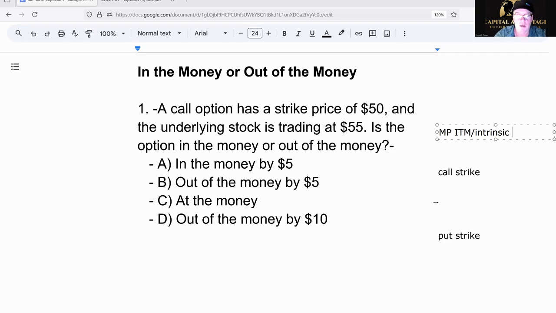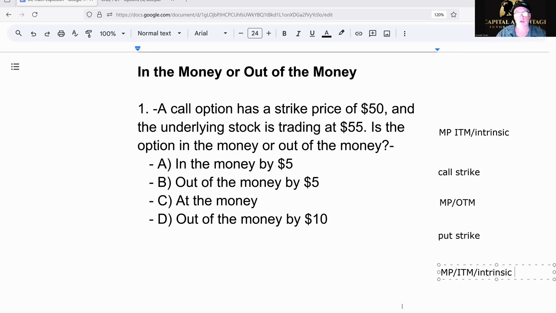If the market price is here, it's out of the money. Let's put a little slash here. Then down here, I'll show you what I mean by market price is in the money. We have intrinsic.